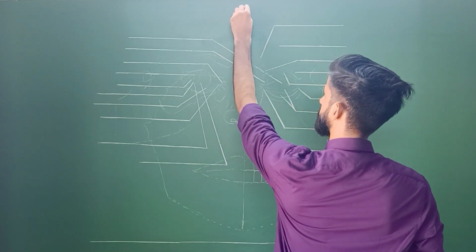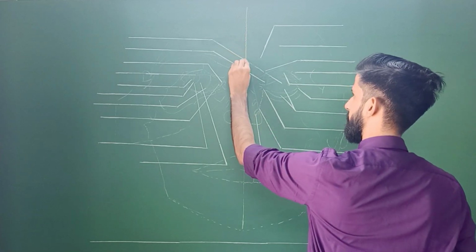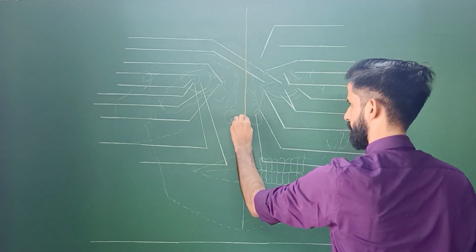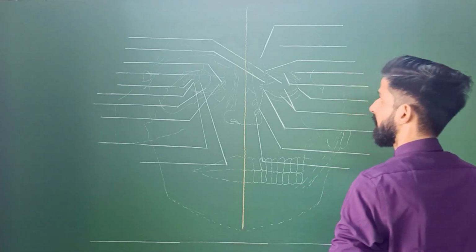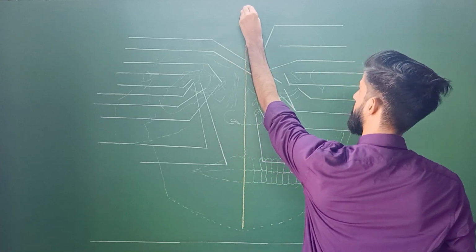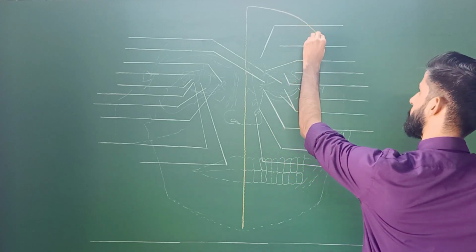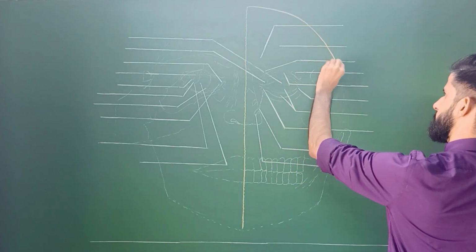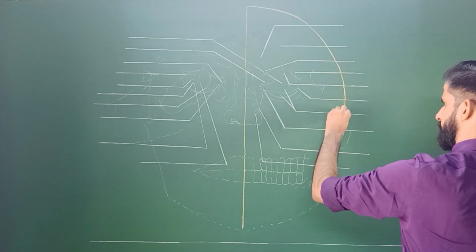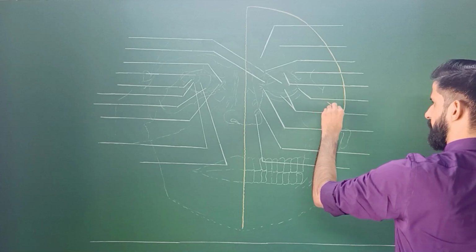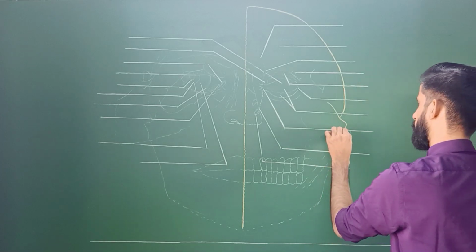Now let us assume that this is the first half of the skull bone. So we will come down with a line like this. Then we will draw the margin of the skull bone. Here we will show the bony protuberances.